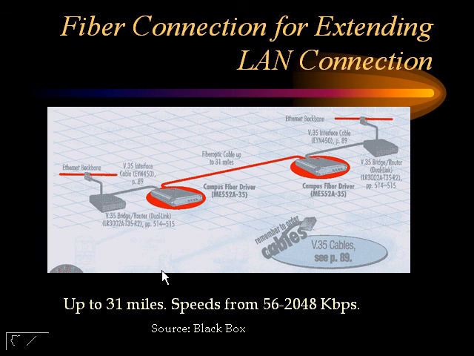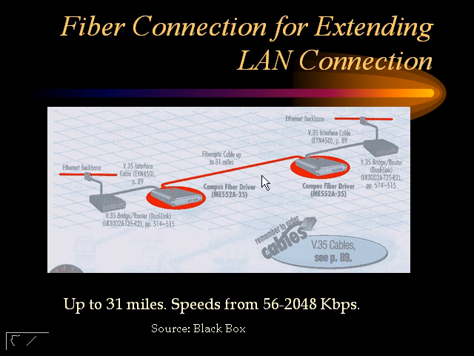Here is yet another example that shows the extension of the connection between two nodes that are on an Ethernet backbone. This, incidentally, is an Ethernet network where the connection between this network and this network over here, which again is based on the Ethernet standard, can be extended up to 31 miles to operate at a speed from 56 to 2048 kilobits per second using a fiber optics connector.